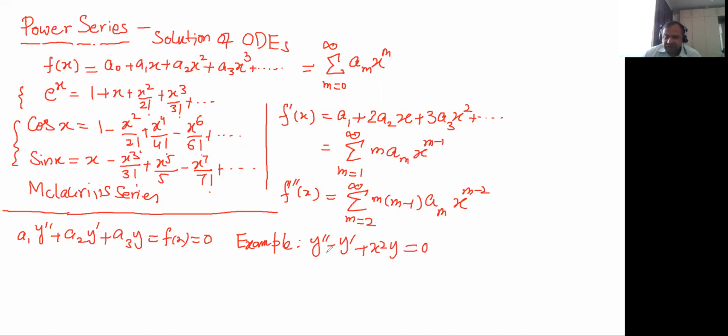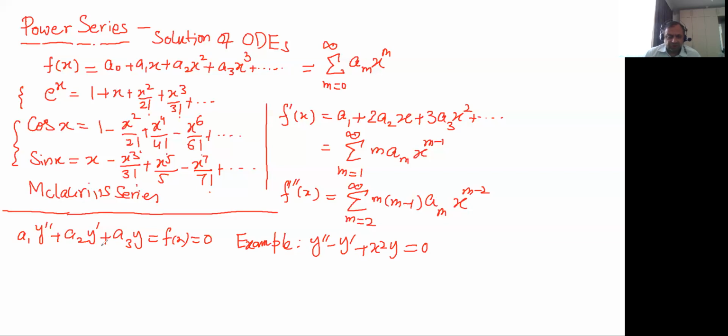This is a linear equation, because all terms of y are linear, and it is a second order homogeneous differential equation, but one of the coefficients is x square over here. However, up to now we don't have any method which can give us an analytic solution of this. By analytic solution, I mean the solution in terms of some other function.